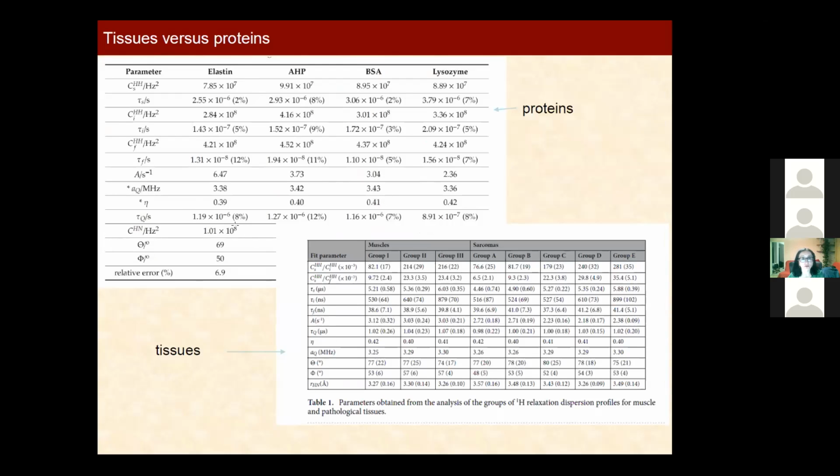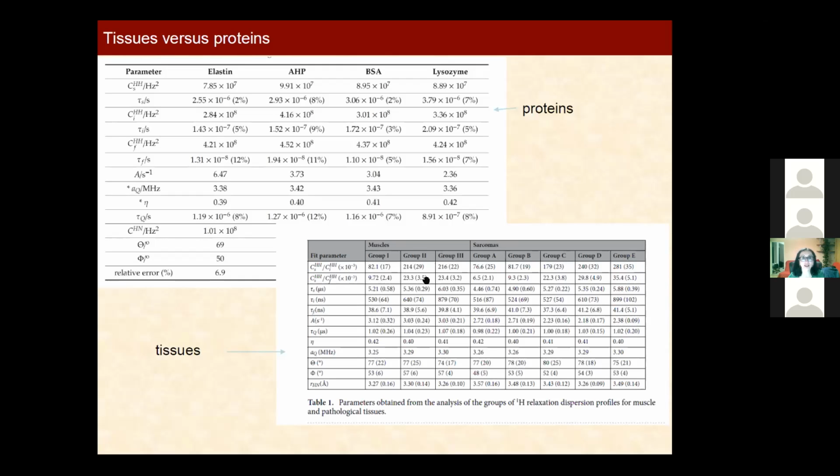Not going much into details, but here we have the correlation time for proteins, 10^-6, 10^-7, let's say 10^-8. So somehow, if you decompose the relaxation data for tissues in such a way, you get correlation times which are similar to those for solid proteins.